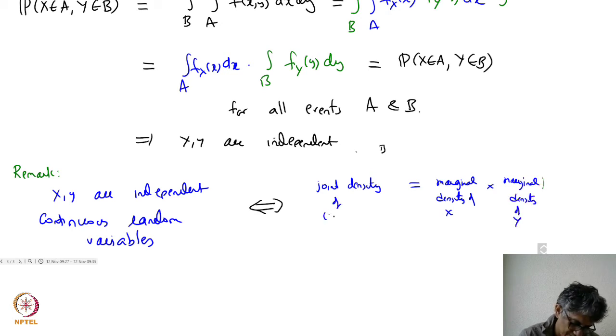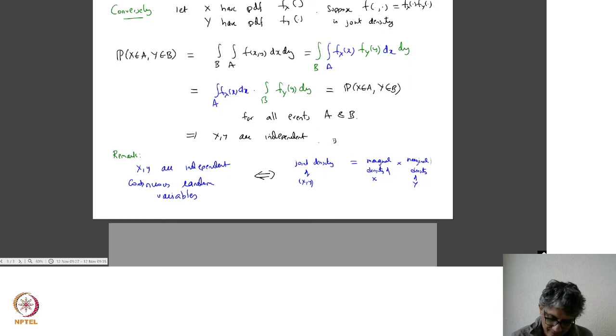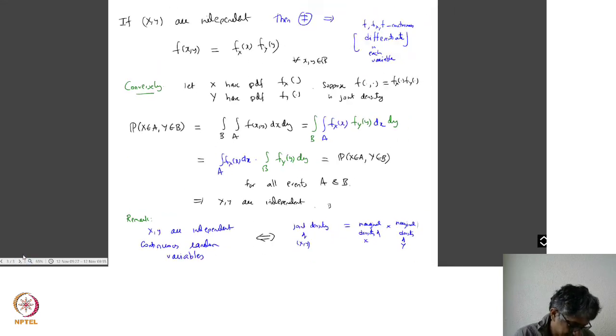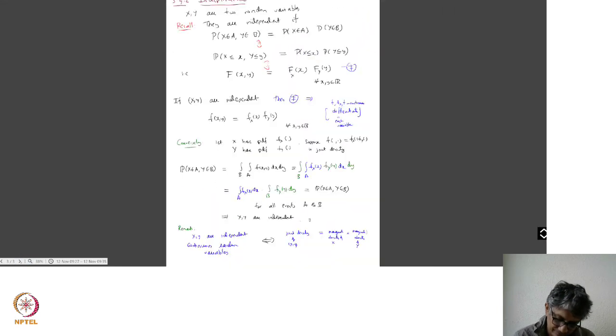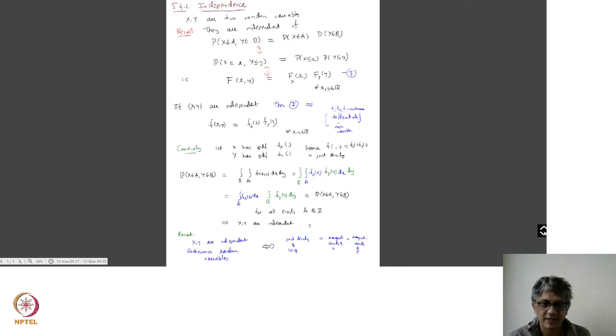The joint density of x comma y is the same as the product of the two marginals. That's what this calculation shows. So that's one strong thing about independence. Independence means that typically the probability of two events splits up as a product of two probabilities, but that's the same as checking if the joint density splits up as a product of two densities.